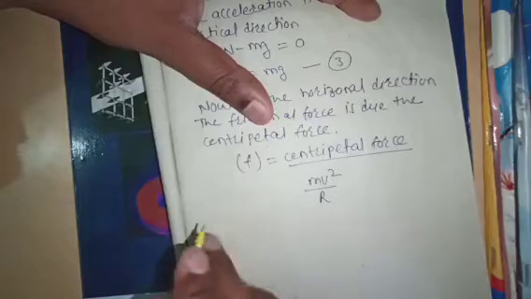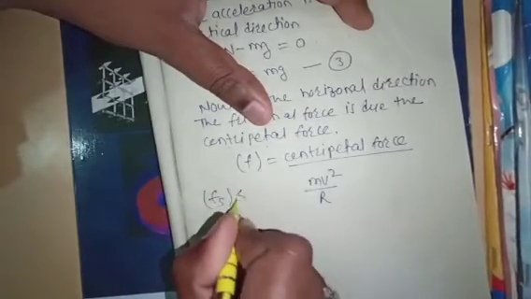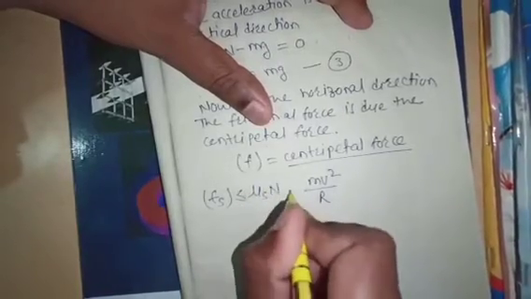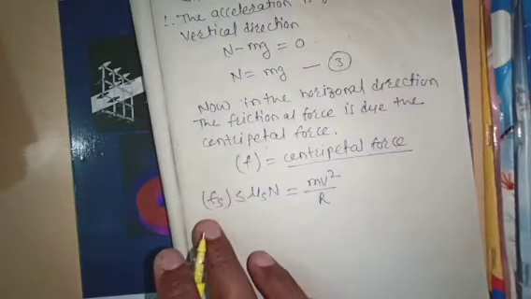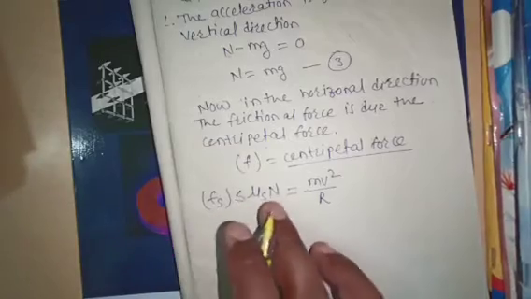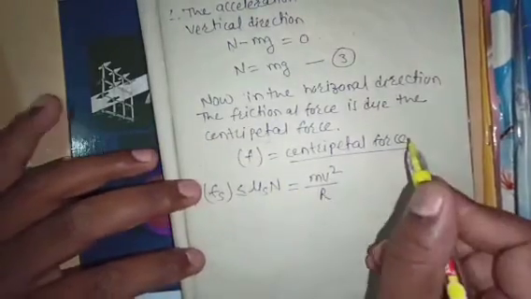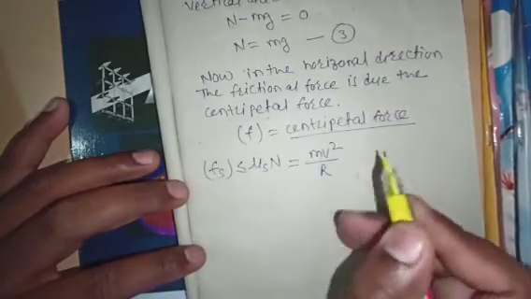Then what is the frictional force? The frictional force is nothing but static friction, which is less than or equal to mu s into N. This static friction is equal to the centripetal force, mv square by r.